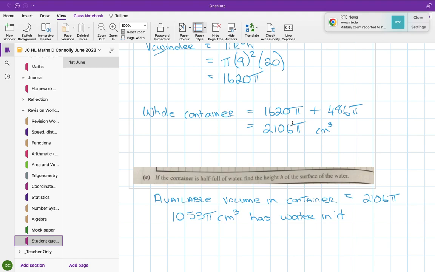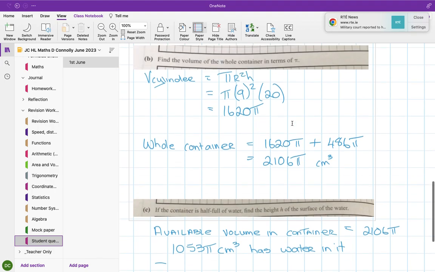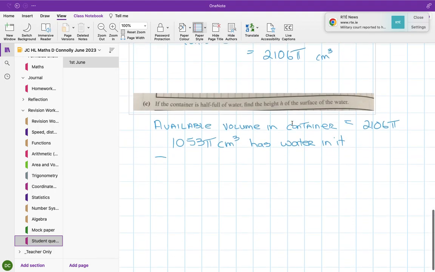Half. Right. I can then subtract the volume of the hemisphere, 486 pi, because the hemisphere is full. So that leaves me with 567 pi centimeters cubed of water in the cylinder.